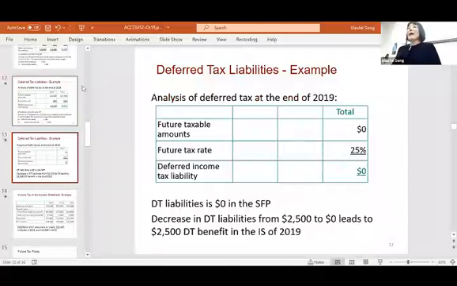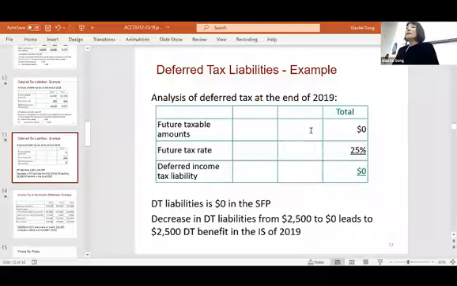So then let's go to the next year. Now we're at the end of 2019. There's no more future change anymore, but that doesn't mean our work is done, because we still carry that deferred tax liability, right?